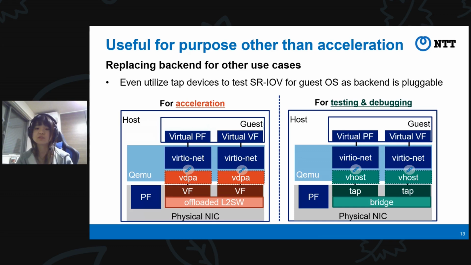Such as in these figures, it's possible to select the kind of devices as backend. When we want to accelerate virtual network, the backends are vDPA devices, or when testing and debugging for guest OS, tap device also is used as backend.